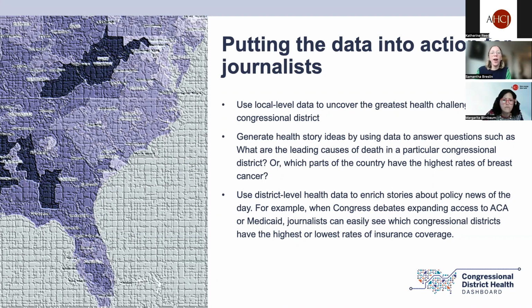It's useful for helping you uncover what the health challenges are in the communities or regions that you write about. It's useful in getting ideas for stories. If I'm always focused on uninsurance, what's happening in uninsurance across the country, or what's happening in uninsurance across my state?